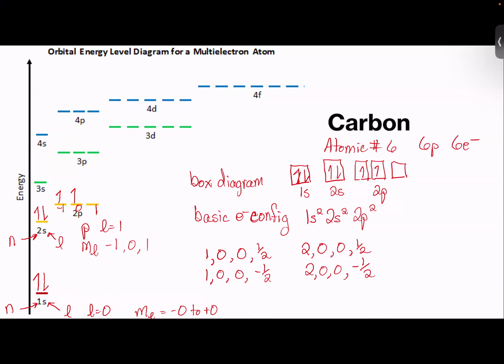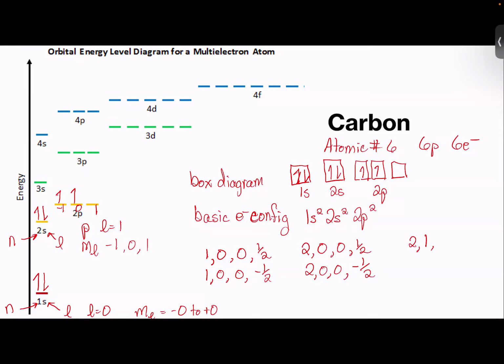Now the fifth electron went into the 2p. Now p is represented with a 1. And as we were just talking about, technically it could go into any M sub L value, -1, 0, or 1. But to make life easy, it's just easier if you label them in the same order.